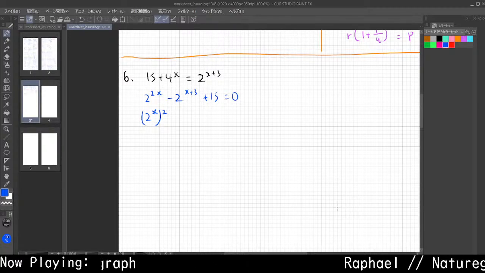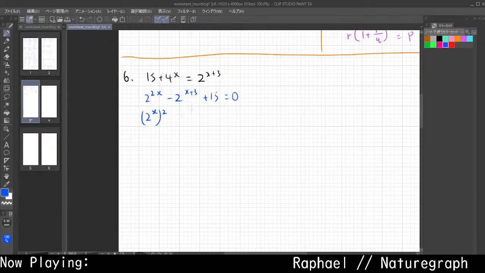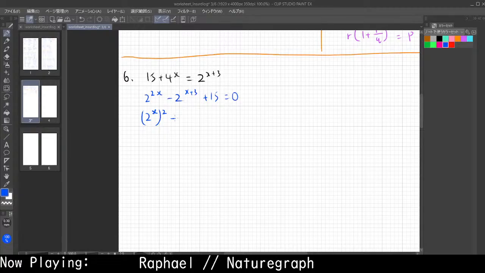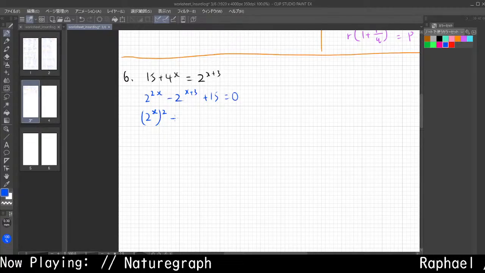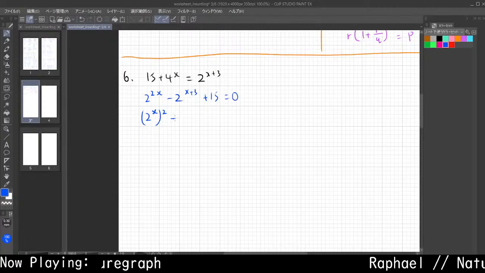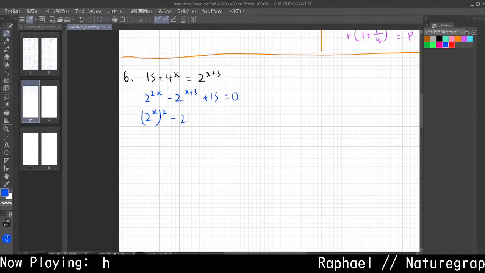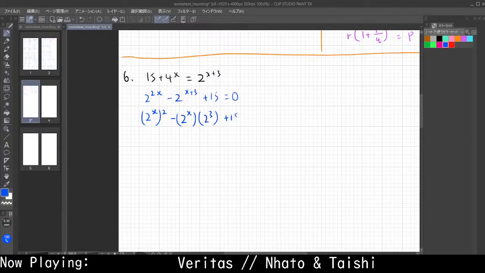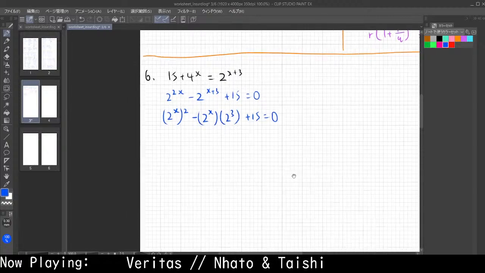You can do this, the entire thing squared. Then you want to split your 2 to the x out, so you see your x plus 3 over there. Again, if you see that and you can't do anything about it, just split it. So x plus 3 turns into 2 to the x times 2 to the 3, plus 15. Okay.